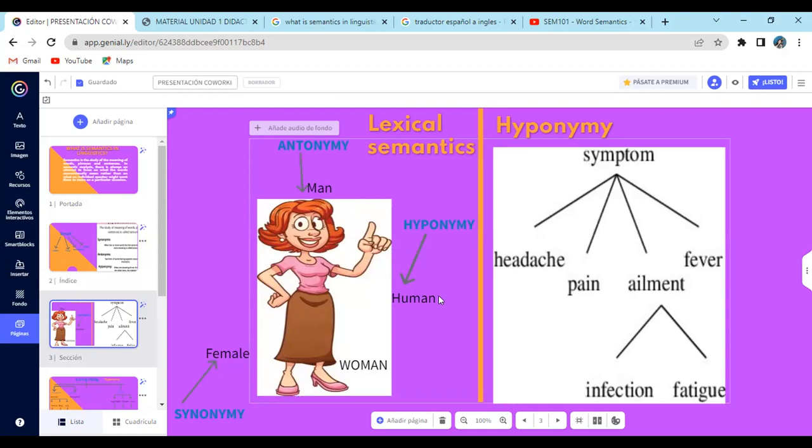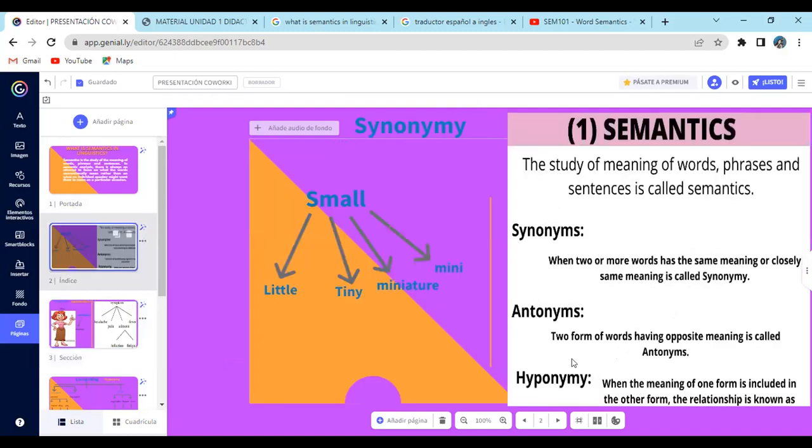So what is hyponymy? Please pay attention to this part. Okay, thank you. Continue. Because this is going to be included in your next partial, okay? Here we have the definition of hyponymy: when the meaning of one word is included in the other word.